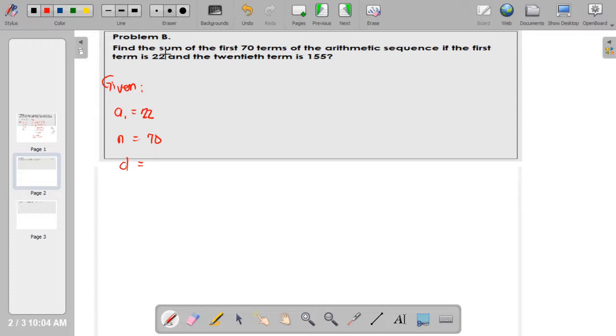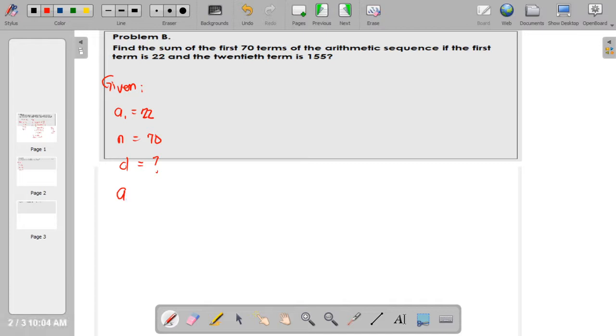Let's go back to the problem. Find the sum of the first 70 terms of the arithmetic sequence if the first term is 22 and the 20th term is 155. Therefore, we do not have the common difference. That is a problem, but the 20th term is given.